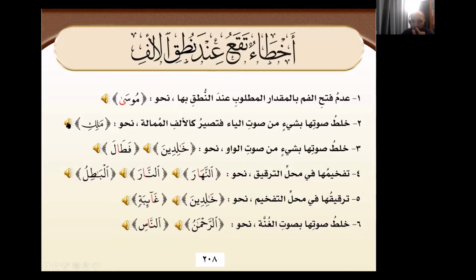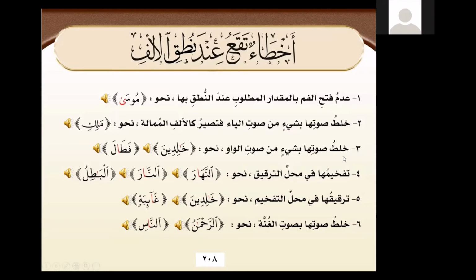Just slight. As I told you, he's very, very accurate. This is what he's talking about. خلط صوتها بشيء بصوت الياء means you're adding a slight sound of ya when you pronounce the stretching alif. Maliki. This is what he's talking about.